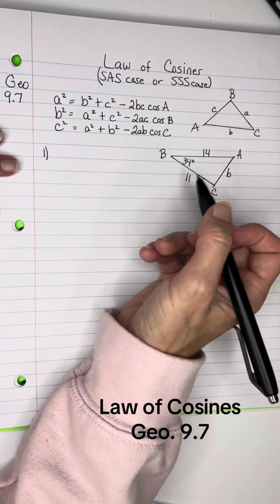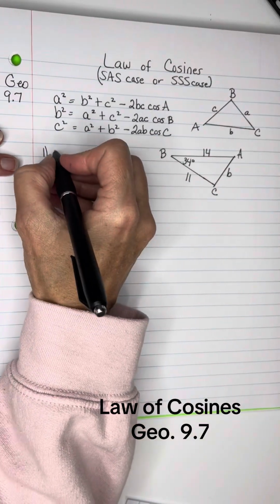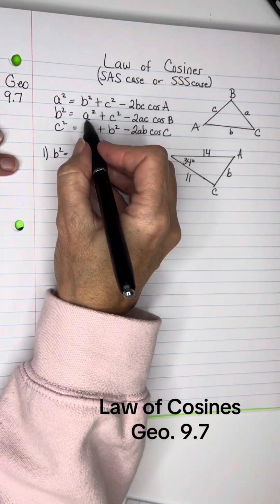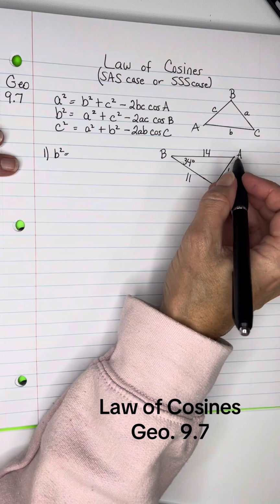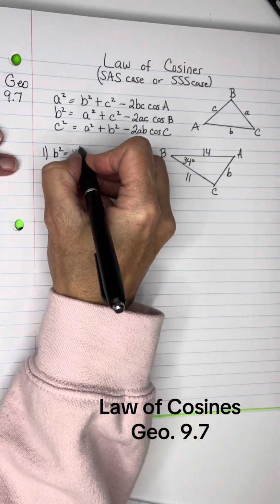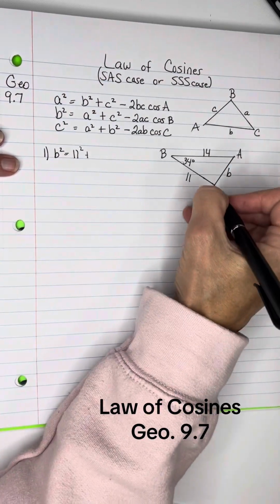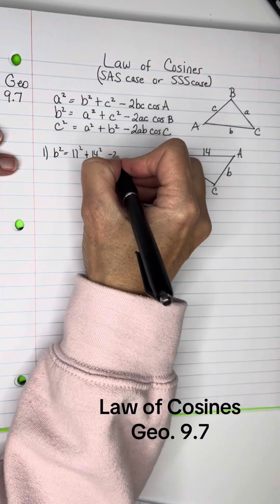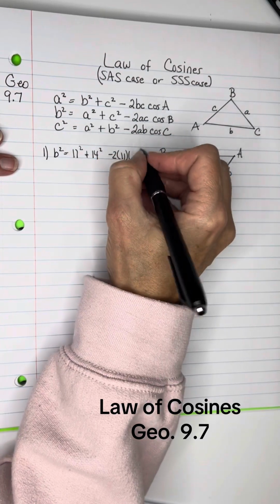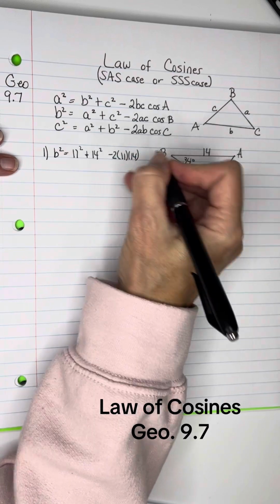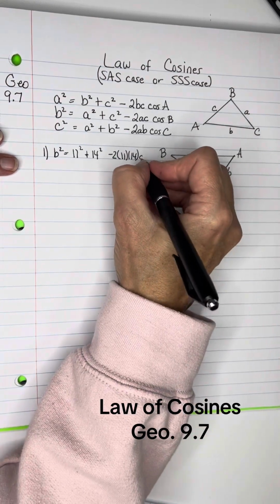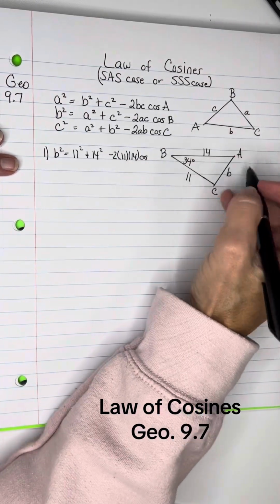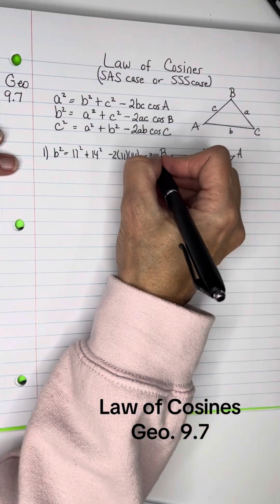So let me show you how this works. We're going to say B squared equals, and it's A squared, so that would be the 11 squared, plus C squared, that will be the 14 squared, minus 2 times 11 times 14, just using those, and then cosine, and the cosine is of B, so that's the 34.